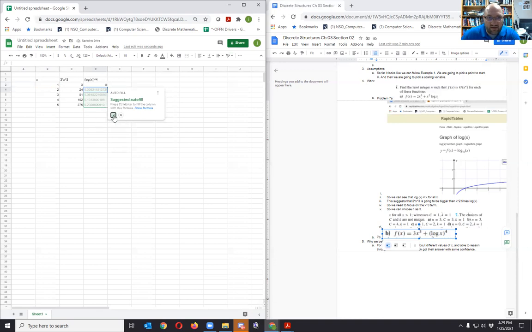Yeah, let's go ahead and do that. All right, so what this shows, as expected, log base 10 of 1 is 0, so that's still cool. These are still very, very small numbers.